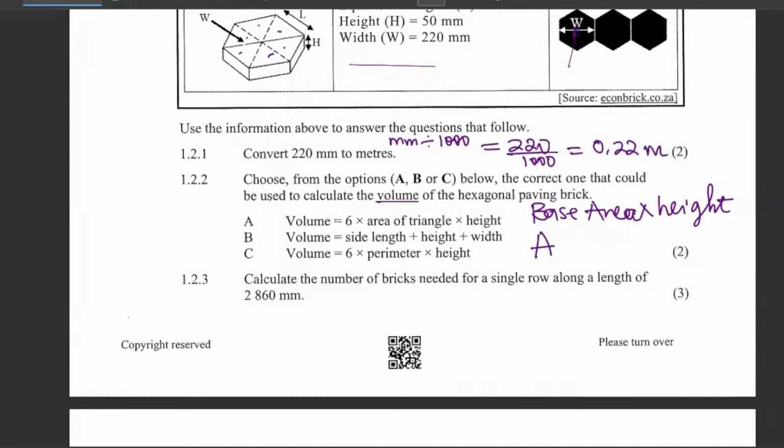So the paver will sit there like that. How long will it be? We shall divide 2,860 by the width, which is 200. When we divide, we end up having 13 of them.